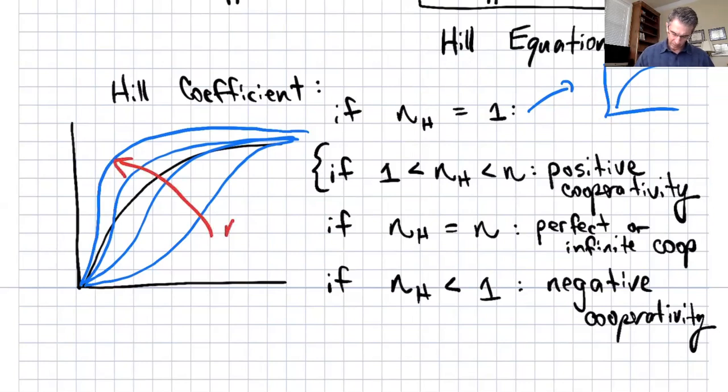As the Hill coefficient goes up, those curves become more and more nonlinear. The sigmoid gets steeper and steeper as a function of the underlying ligand concentration.